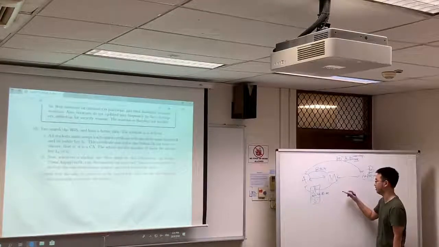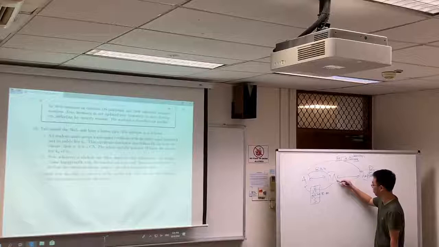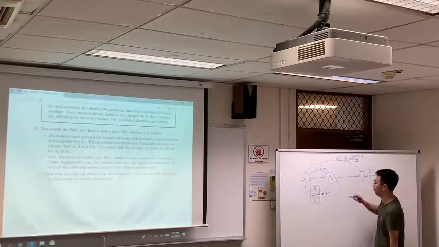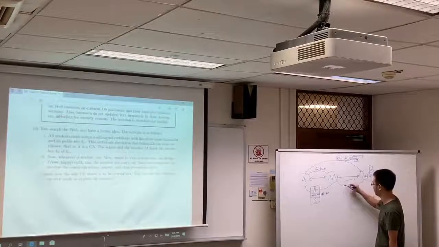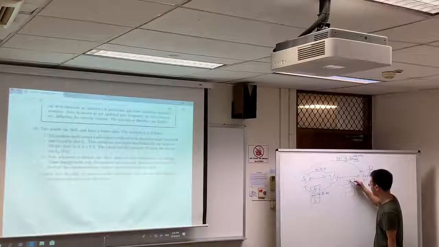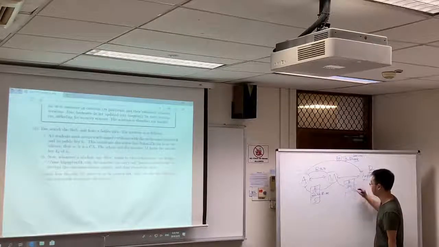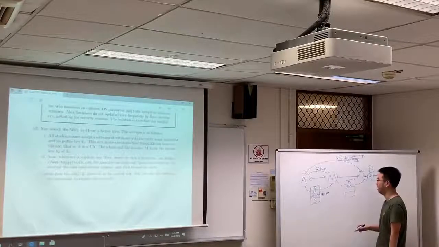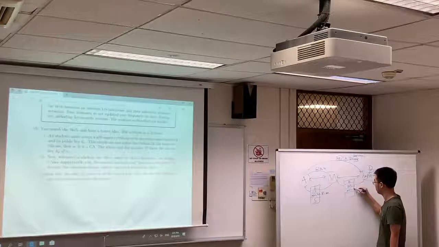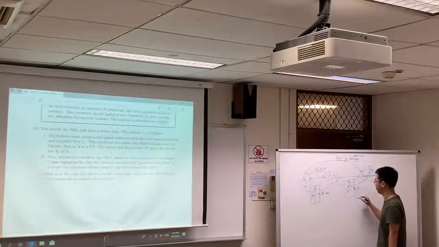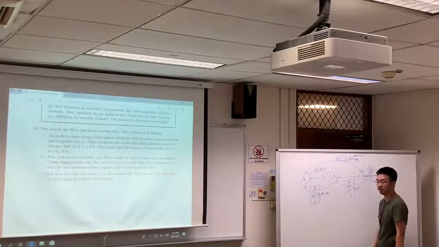Then what does M do? M will generate a new channel to handshake with B here, but instead of using M's public key, it will use S's public key.